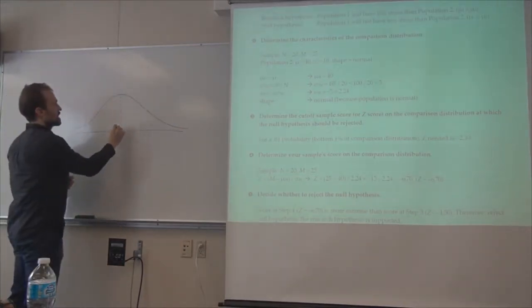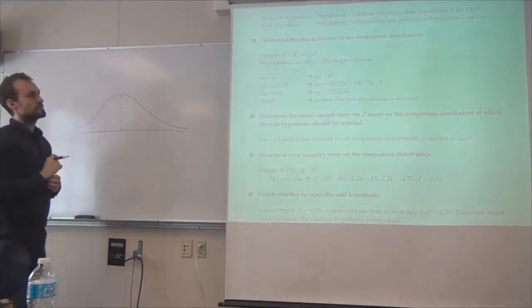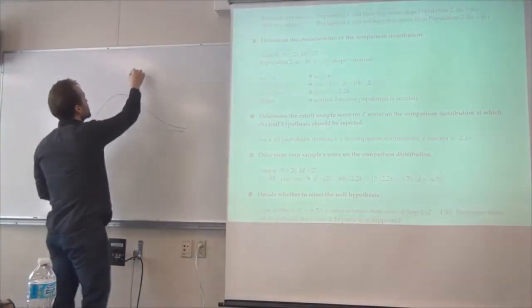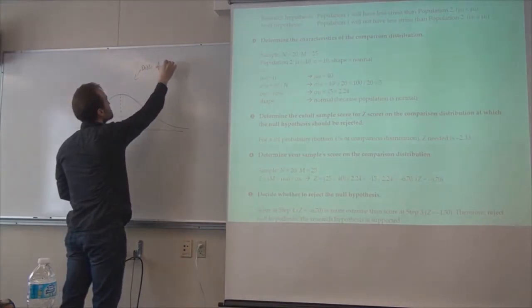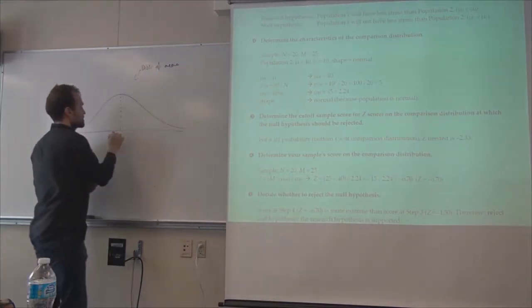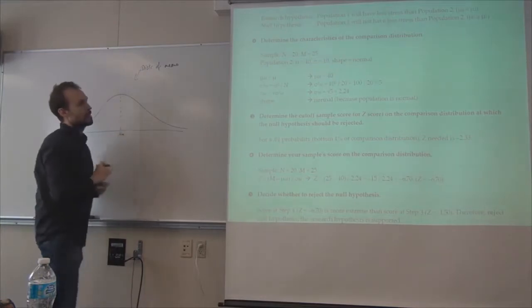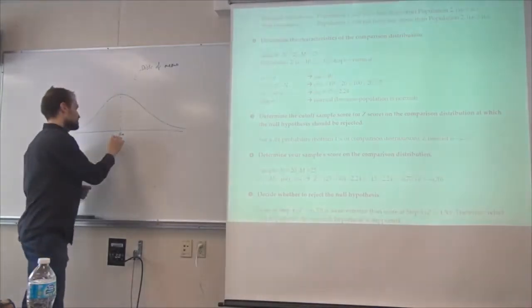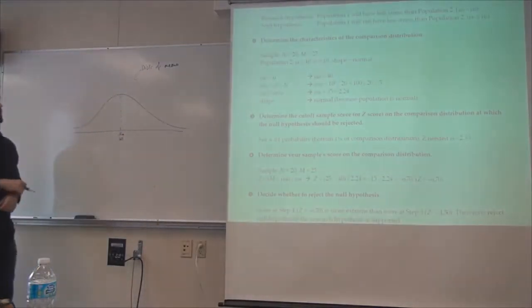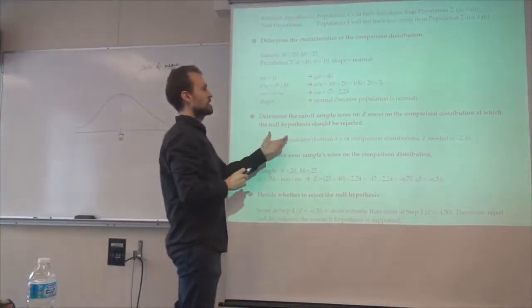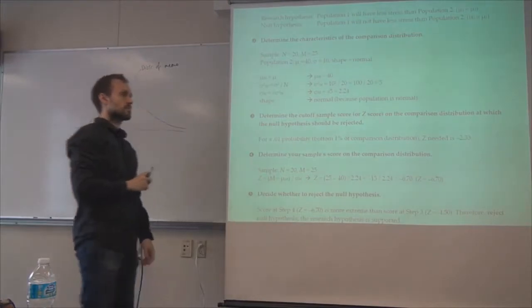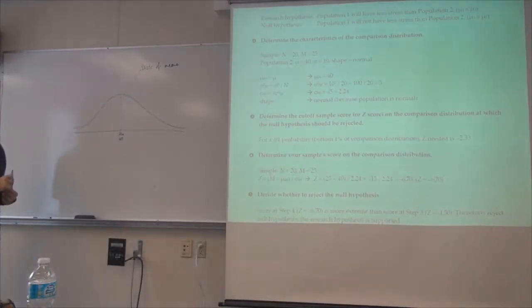So this is now where the mean sits. This is now the distribution of means. So this is mu M, which is 40. And I'm deciding on a cutoff. Let's suppose I'm looking at a 1% significance level.